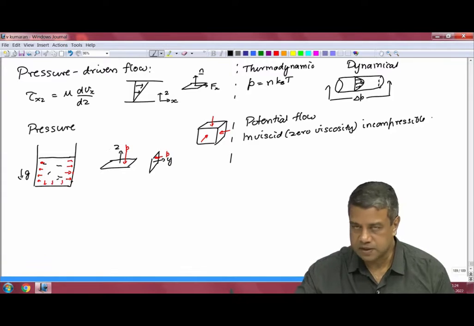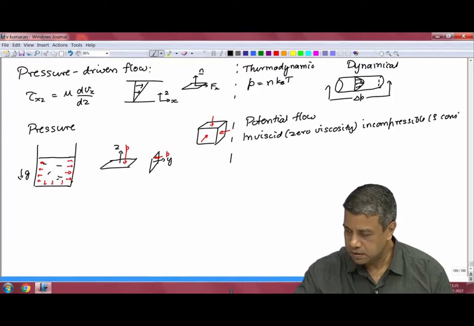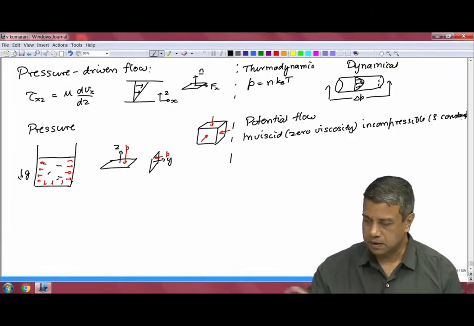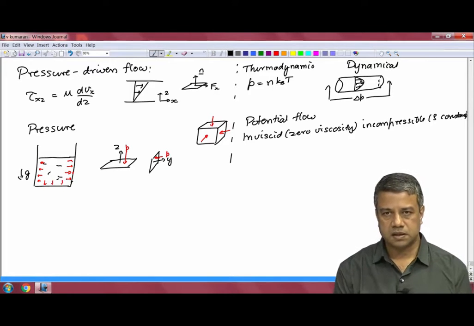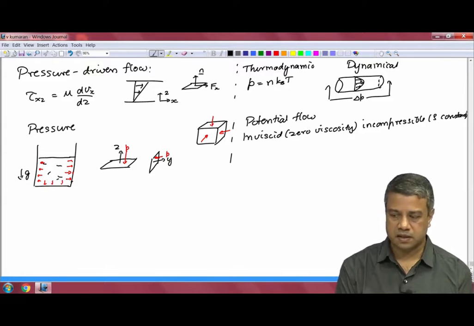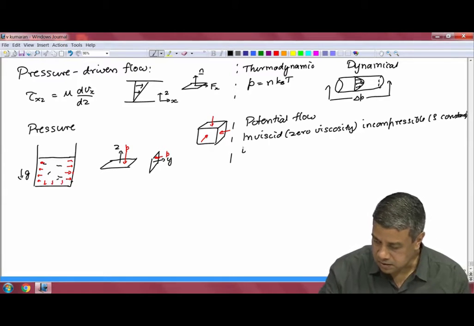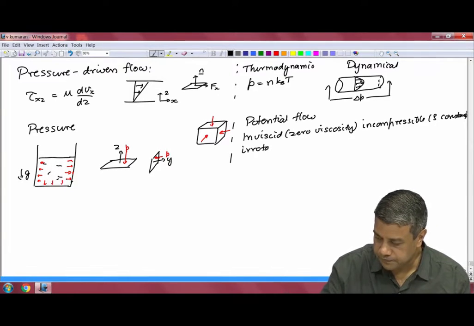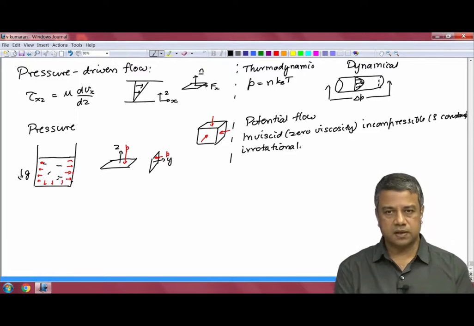Incompressible means a constant density. And there is another condition for potential flow which I will not be able to explain here, we will see it later. It is also what is called an irrotational flow.